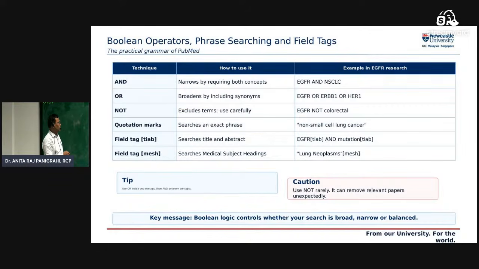TI stands for title and abstract, because that is the most important thing. If you are talking about EGFR and you want PubMed to pick that paper, EGFR could appear in any part of the paper, in the experimental, the results, the introduction, or the literature, but it is not relevant.